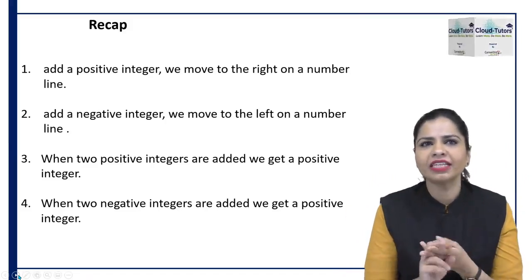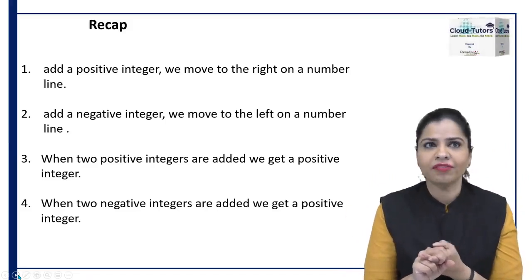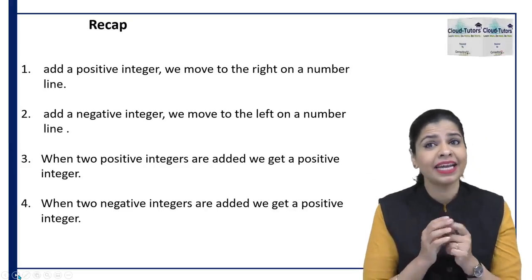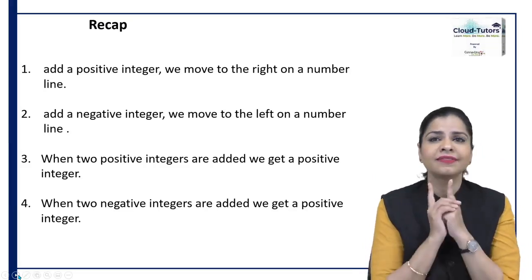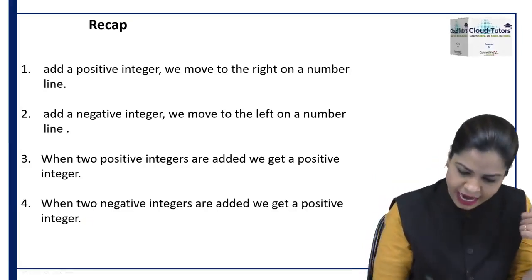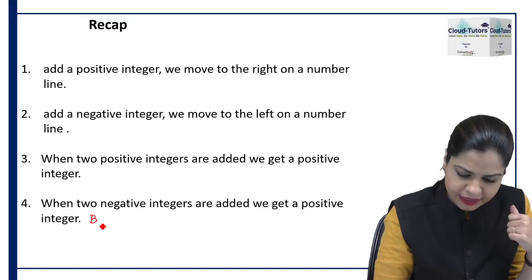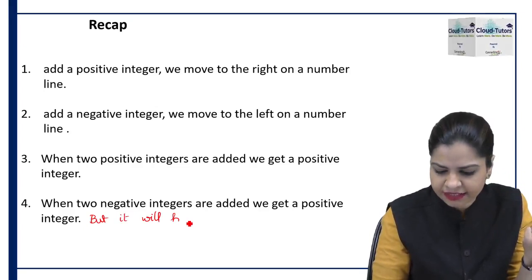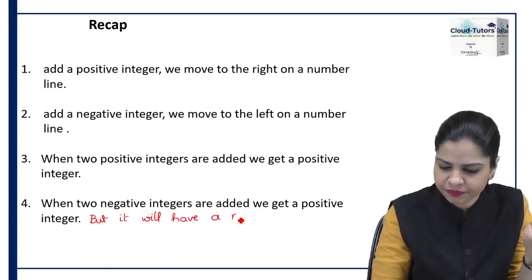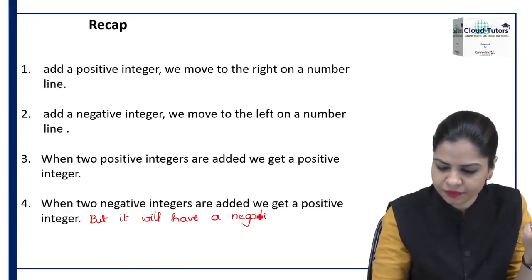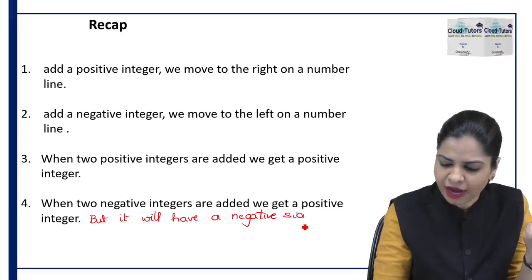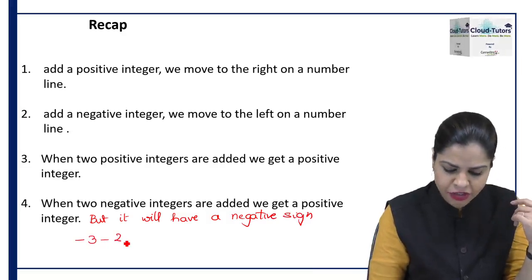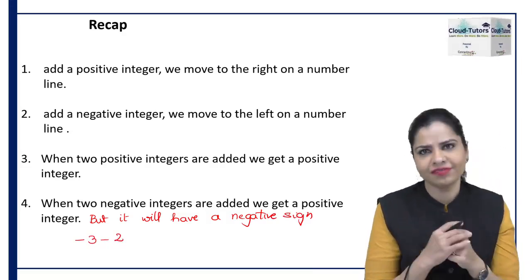When two negative integers are added, we still get a positive integer, but it will have a negative sign. Let me add that point. What do I mean by that? Say for example, minus 3, minus 2. Both are negative numbers. Correct?